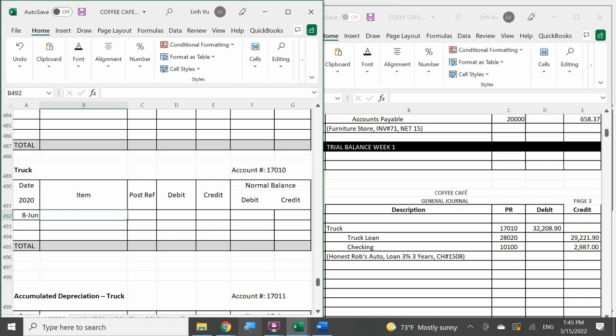What is this going to be? We bought a truck. Nothing really too much about the truck you have to put into details. Maybe if you want to include all the costs.